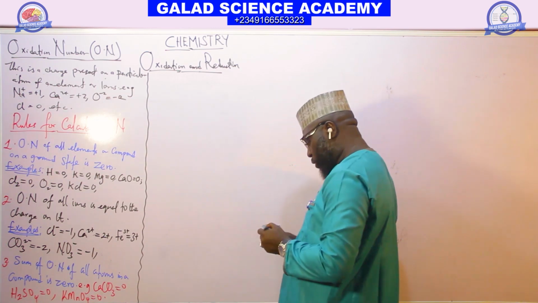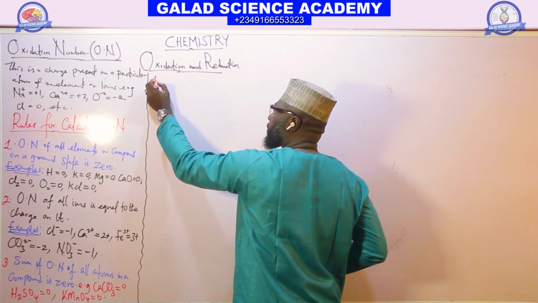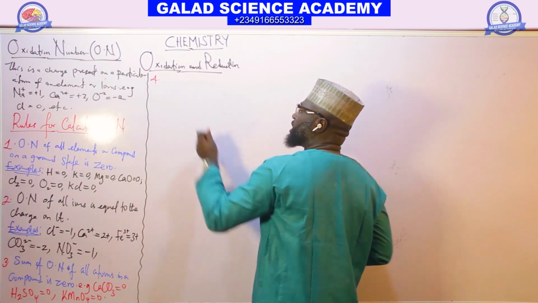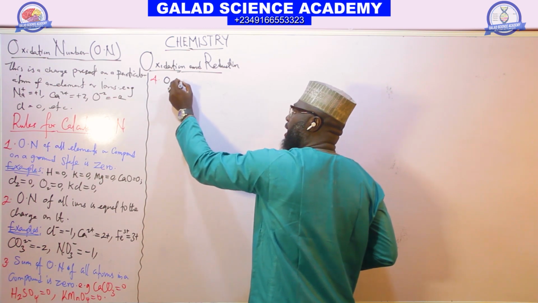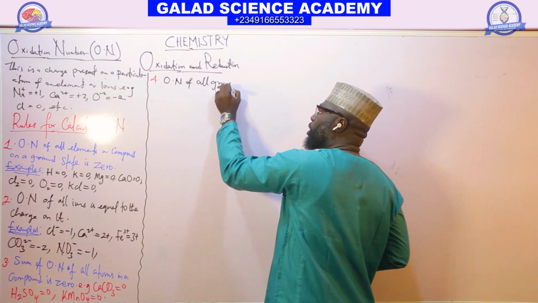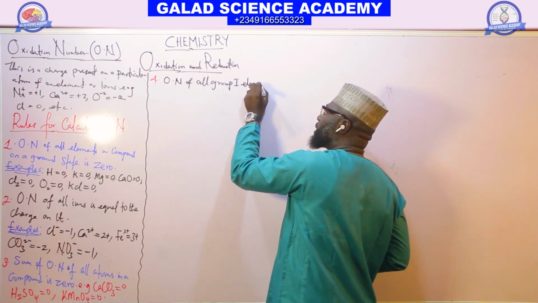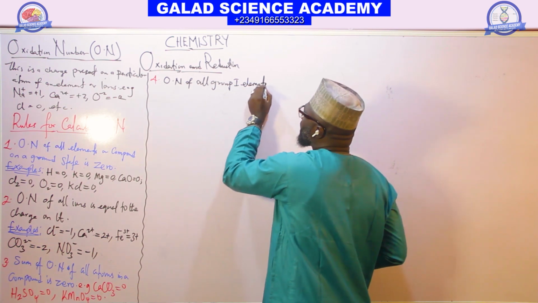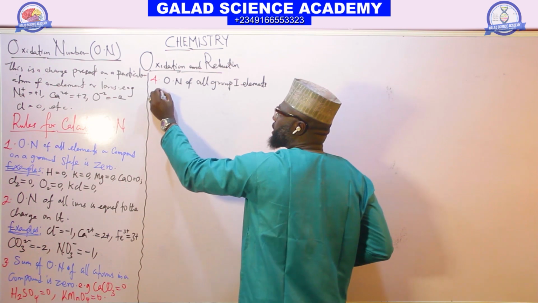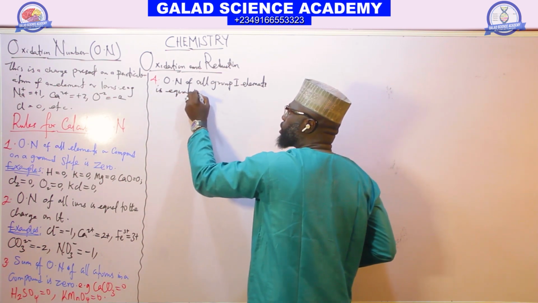The next rule, which is what? Rule 4 states that the oxidation number of all group 1 elements is equal to +1.